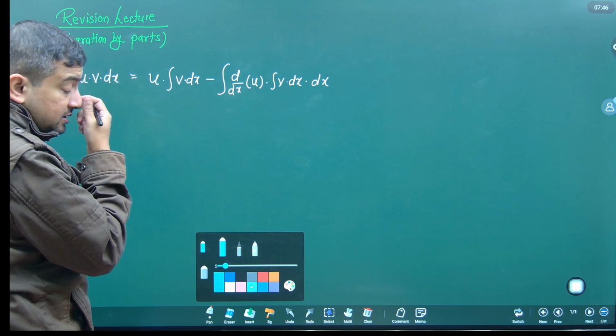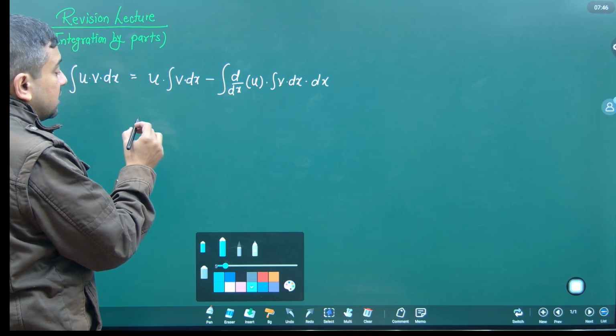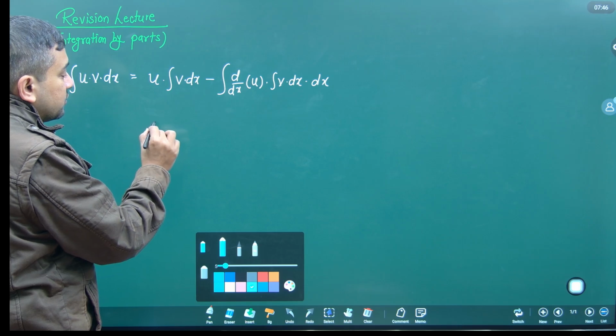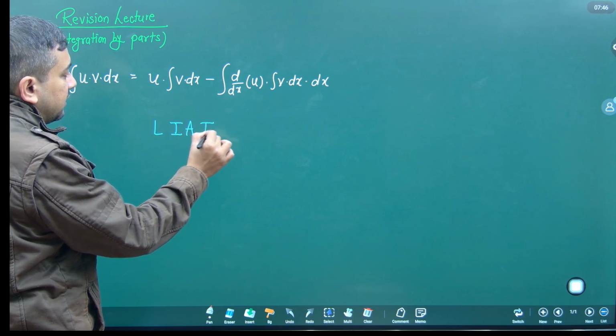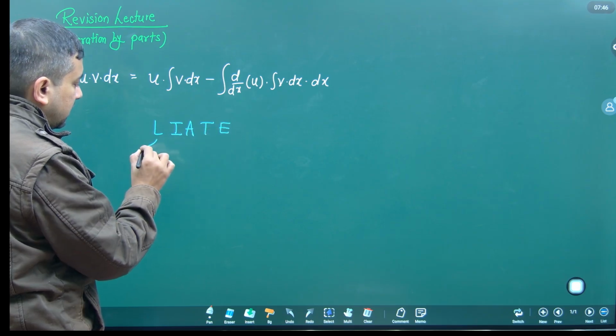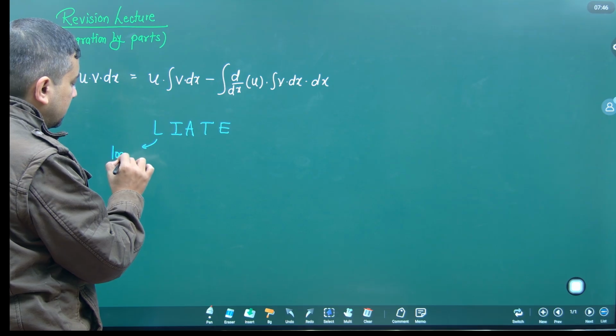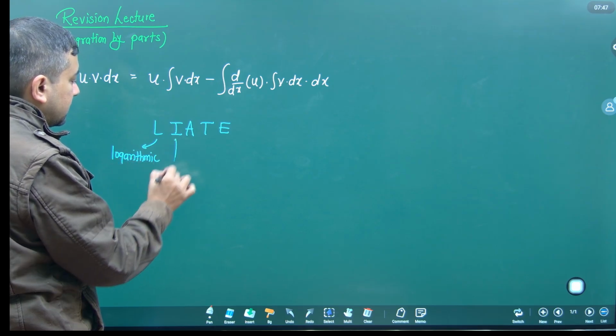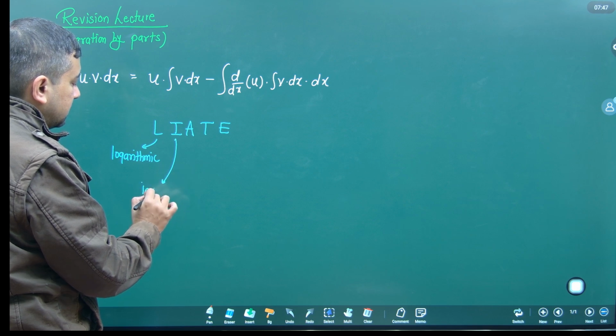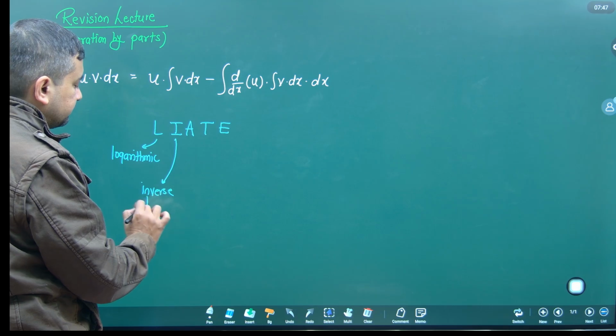Okay, how to assume u and v? For that we are going to use one rule, that is LIATE. Okay, L means what? It's a logarithmic function, correct? Then what is I? I is inverse trigonometric function.